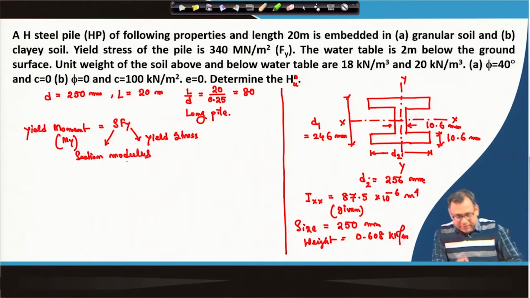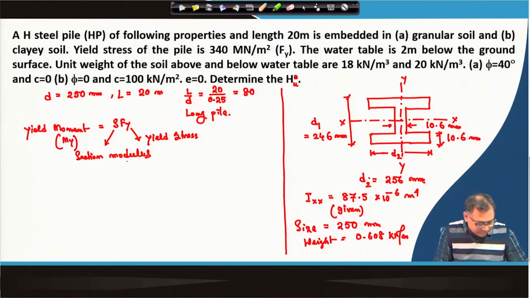Most of the cases the yield stress and the section modulus are given, and we have to calculate the yield moment. Directly yield moment will not be given, but if it is given, then you can use it directly.